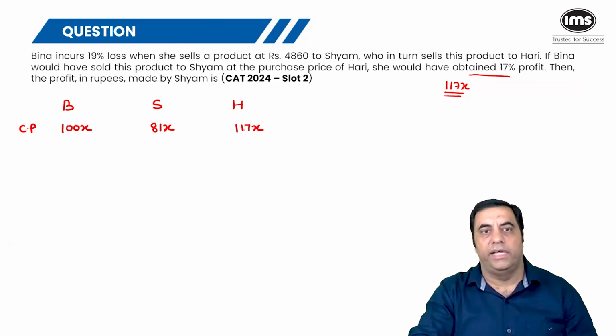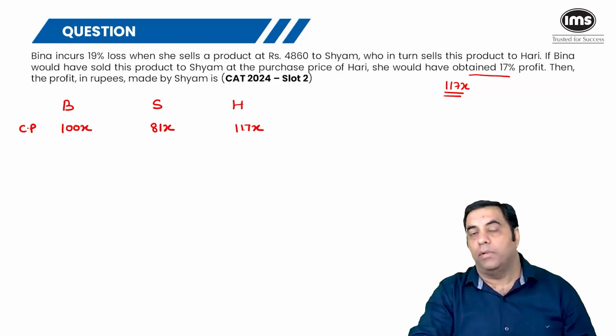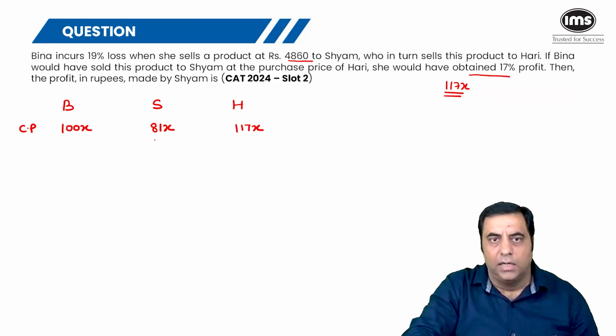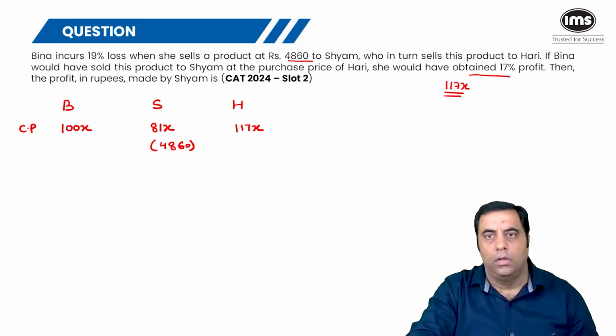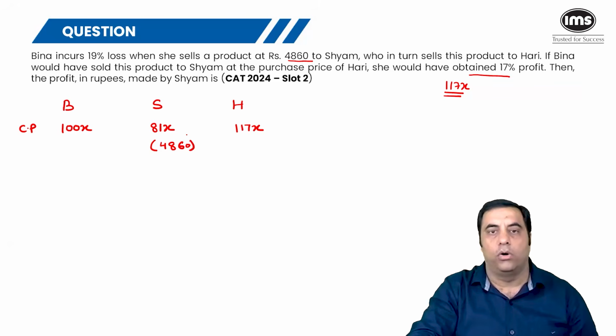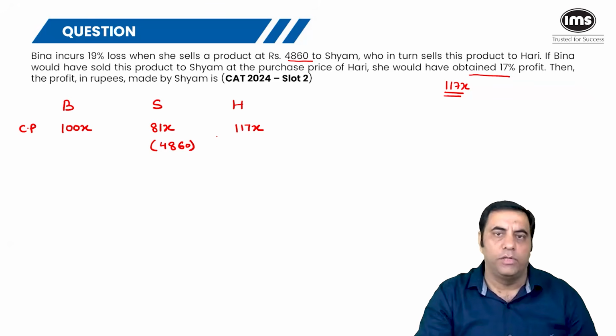Now, the question says, profit in rupees made by Sham is. And they've also given that the purchase price for Sham is 4860. That means this value is 4860. And the profit for Sham is going to be the price at which he sold it to Hari minus the price at which he purchased.